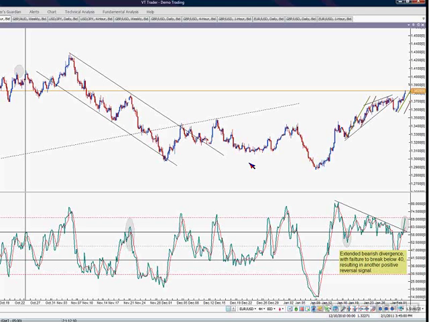You will have times when you break your channel and pattern, but your RSI fails to confirm the breakout in momentum. In this case, we did break to the upside. Now the RSI here did break to the upside, and there was a break in momentum. And therefore, after this decline, we bent this trend sideways.